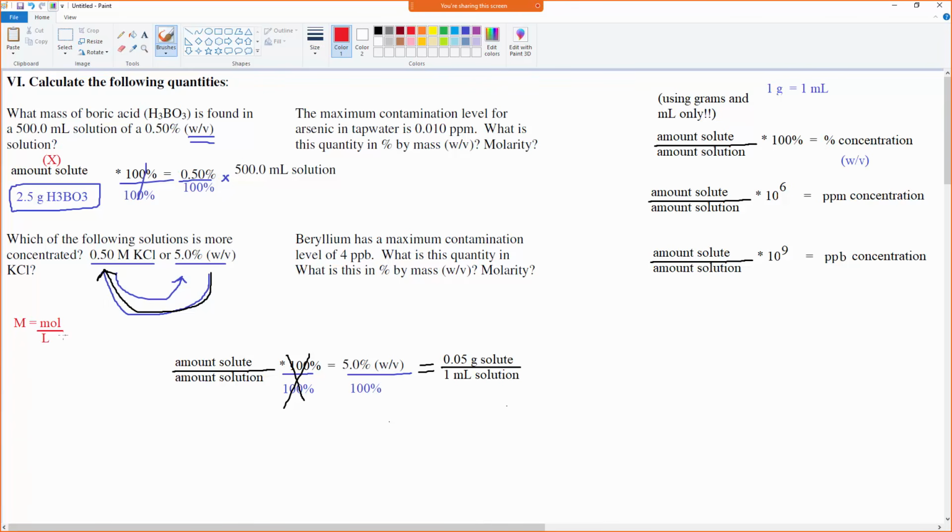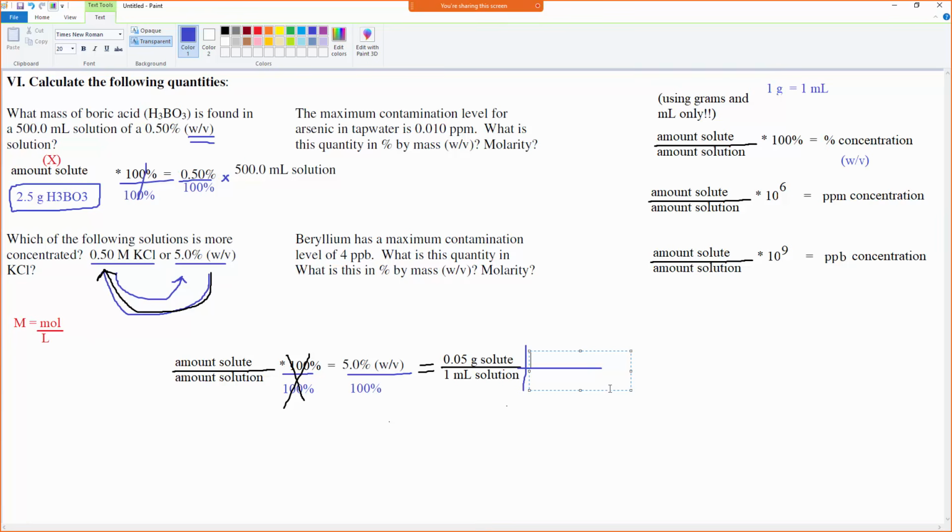But because this one gives you grams and milliliters, this is what we've got to work with. Now we're going to move that direction and say, what I really need is liters. So how do I go from milliliters to liters?